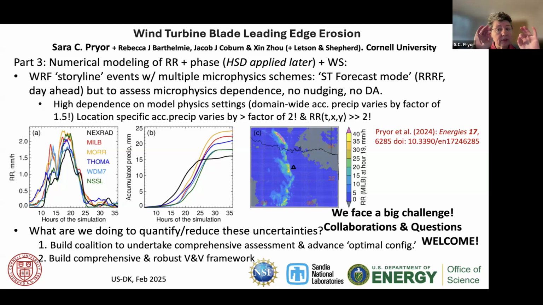We are still not using nudging or data assimilation because we wanted to examine the inherent characteristics of the microphysics schemes. This is one event, just to locate you, the triangle is Dallas-Fort Worth. This was an area of deep convection that came over the wind farms to the north of Dallas. So it's an interesting case.